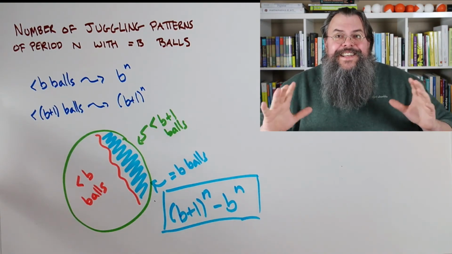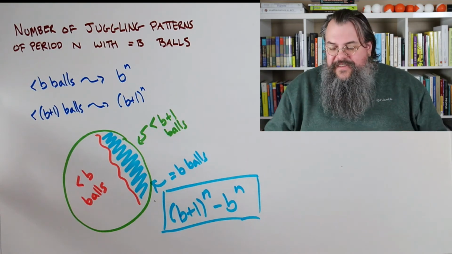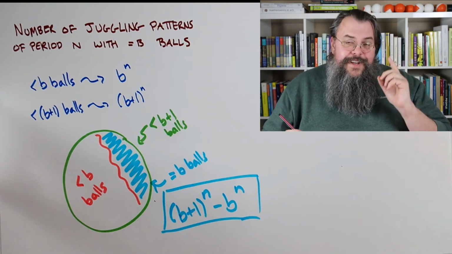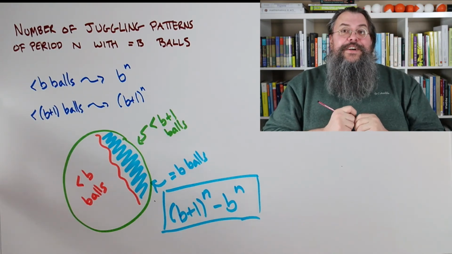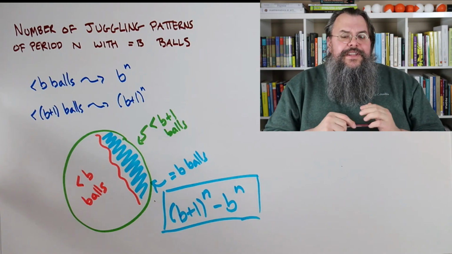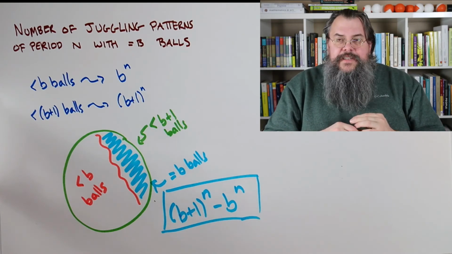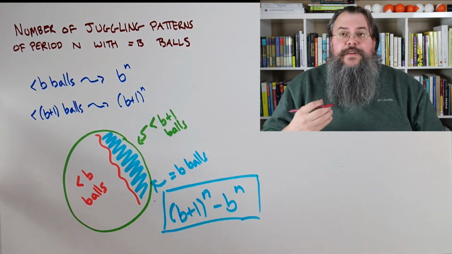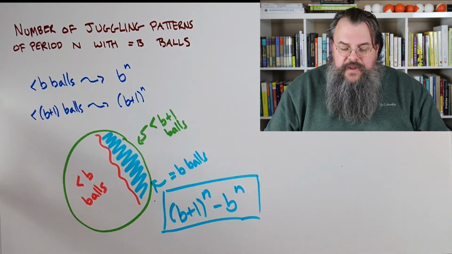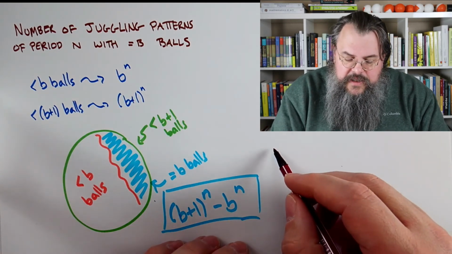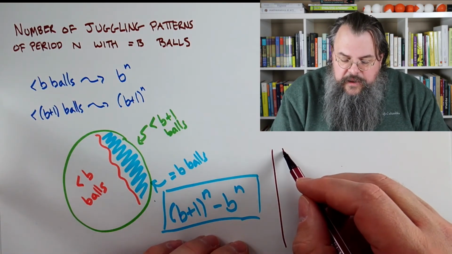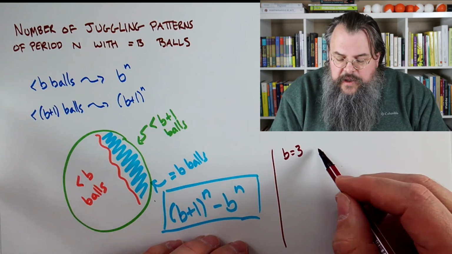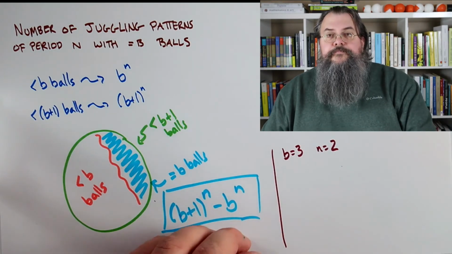So are we done? Is there anything left to say? Well, there could be. So let's think about it for a second here. Suppose we ask the question, let's do something really simple, a small number. I want to have, say, 3 balls with n equals 2.